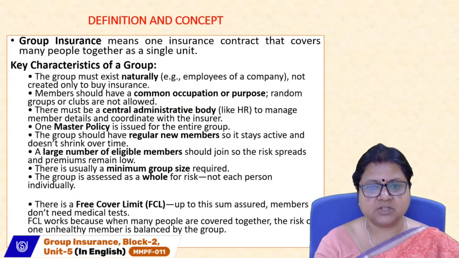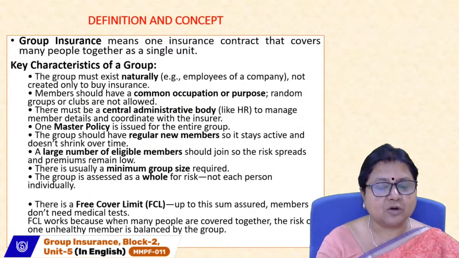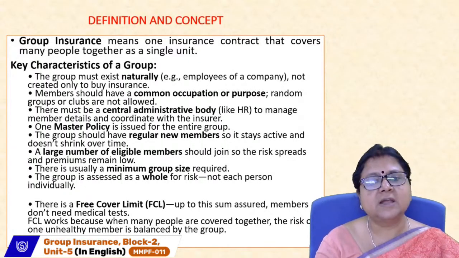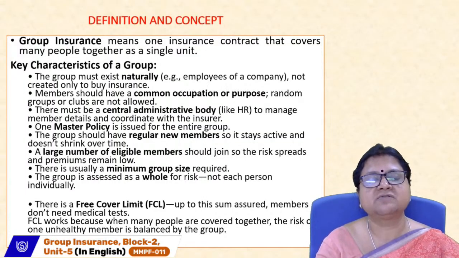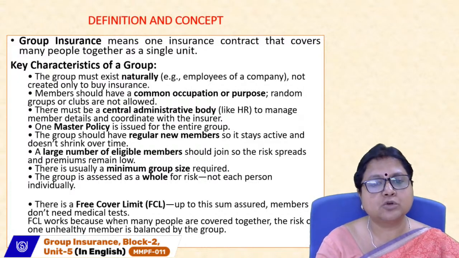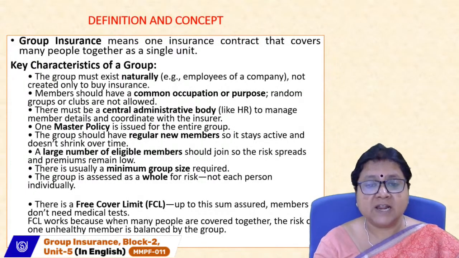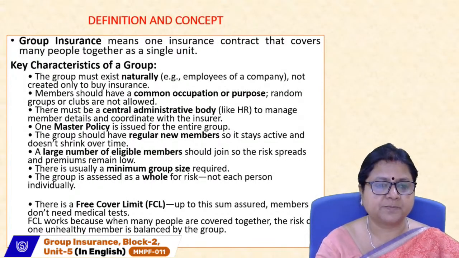A key person or the HR person has to provide all the details about the employees to the insurer, so that by assessing the employees' age, the diseases attached to different employees, the entire family details, they will be able to finalize what the insurance premium should be for that particular group insurance policy.